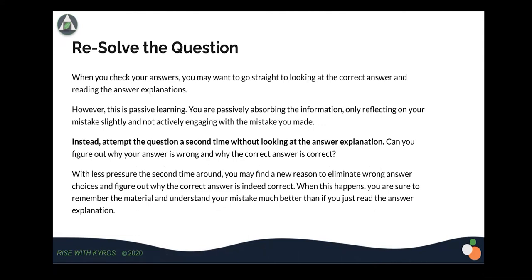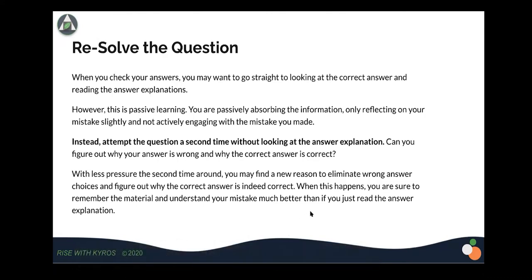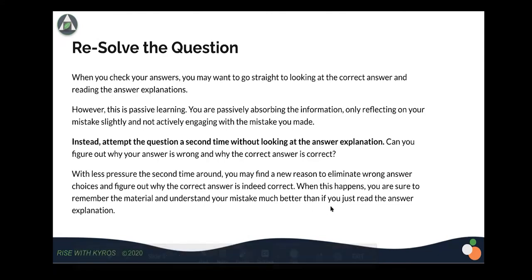Ask yourself why your answer was wrong and if you can actually solve for the correct answer. Around the second time, you might have less time pressure, so something might just click and you might be able to get the right answer. When you do, you can remember the material better and understand just why exactly you couldn't solve it the first time.